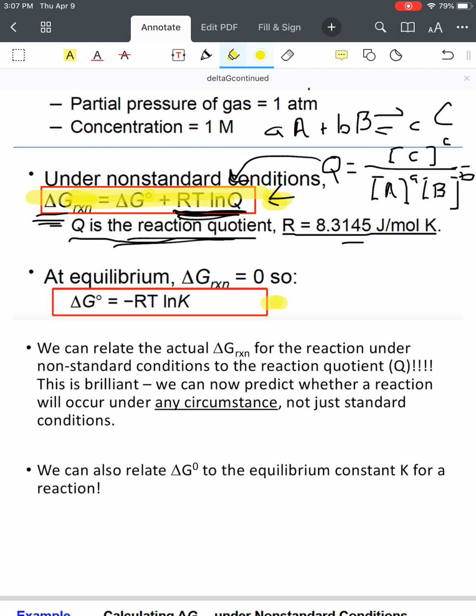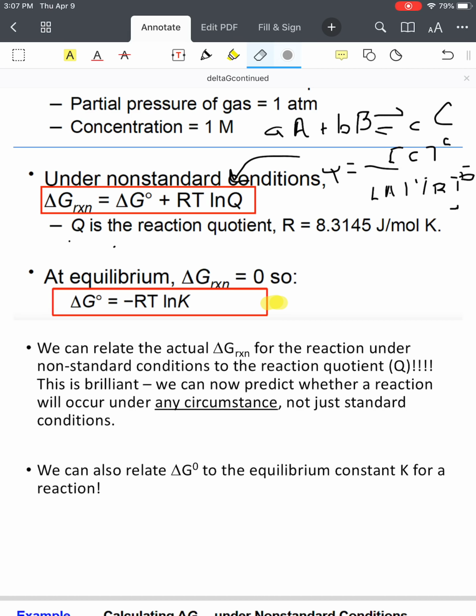So this equation is super useful because you can predict whether or not a process or reaction will be spontaneous under any condition you want now. It doesn't have to be just the standard set of conditions. It can be any condition. All right, and that's very, very useful, I think.